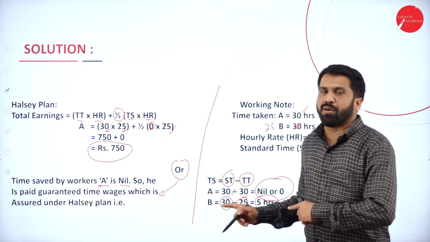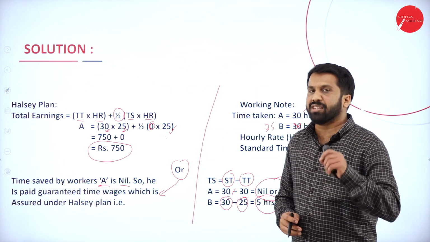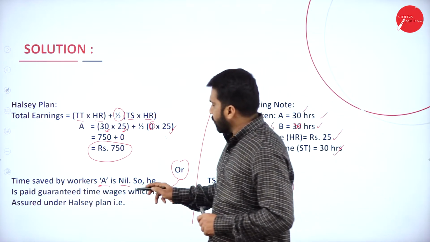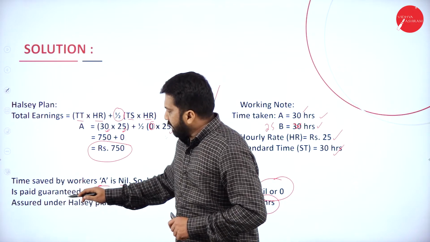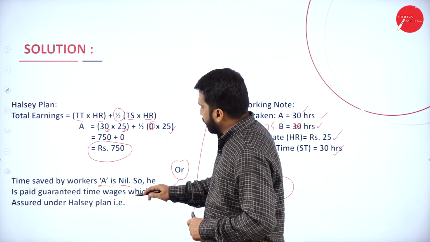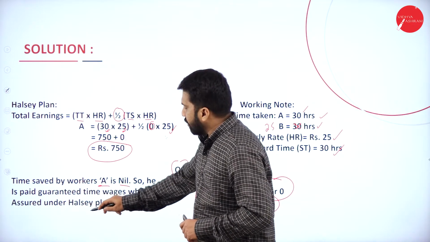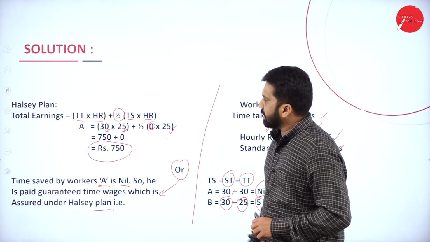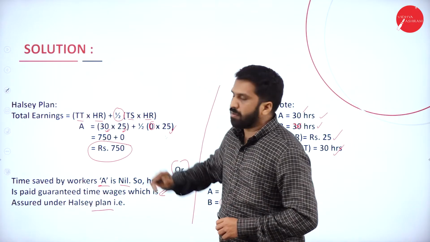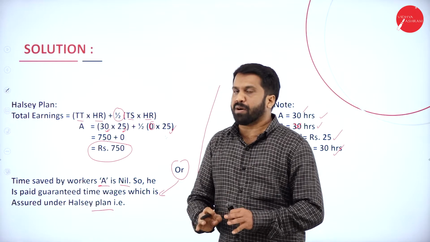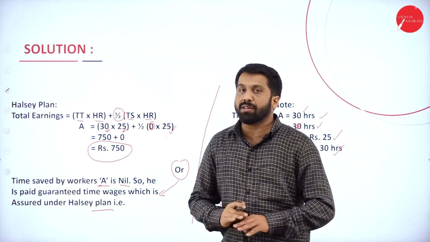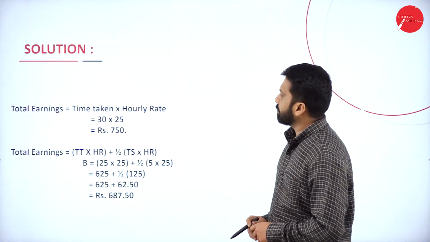As per this problem, time saved by A is 0. So, he is paid guaranteed time wages, which is assured under wholesale plan. Under wholesale plan, time taken into hourly rate, 100% he will get. But for time saved, he will not get anything.